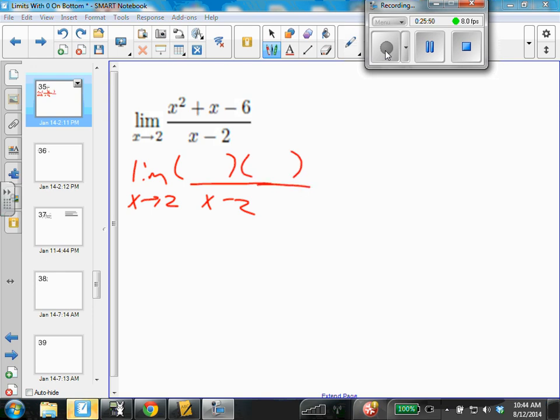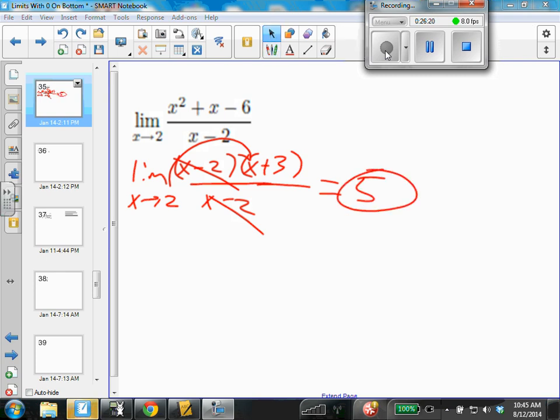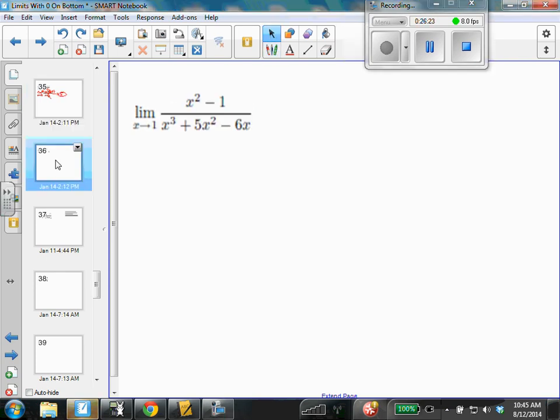And if Cameron so wisely said x minus 2 in one of your little parentheses there, the other one would be x plus 3 in order to make everything work out on top. The x minus 2's do cancel. Then you can plug in the 2, and 2 plus 3 is 5. Right? So that one's nice and easy.